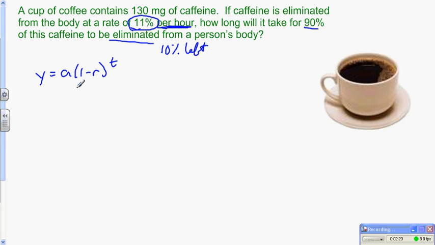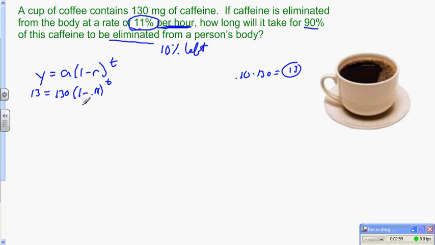So I'm going to put in the rate, 11%, and T. A is 130, and we're wondering when there's 10% of that left. If we calculate 10% times 130, we will get 13. I'll put 13 over here. That's what we want. We want to see how long it takes to get 13 left.